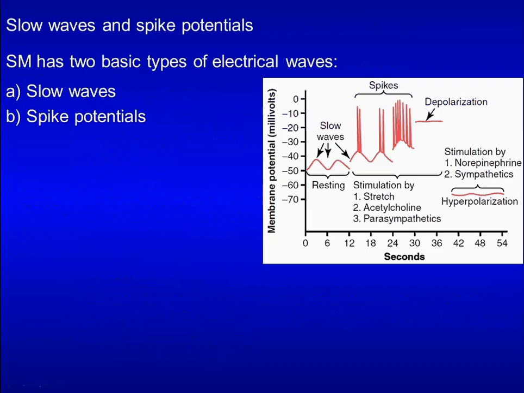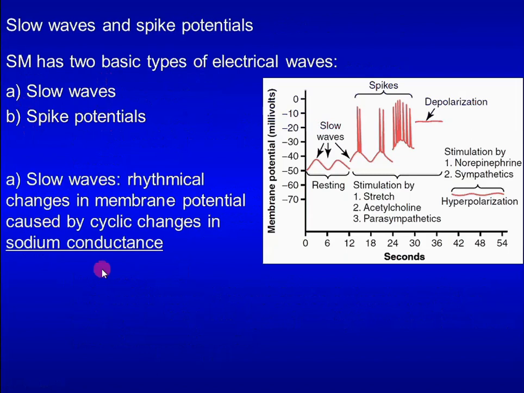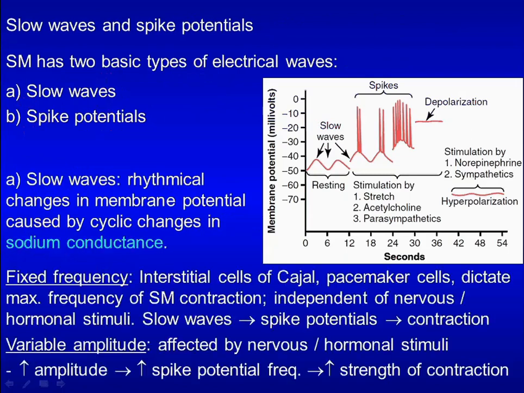The smooth muscle in the gastrointestinal tract has two types of electrical waves. One is slow waves, and the other one is spike potential. Slow waves are rhythmical changes in membrane potential caused by cyclic changes in conductance of sodium channels. For each segment of the GI tract, slow waves have a fixed frequency and variable amplitude.